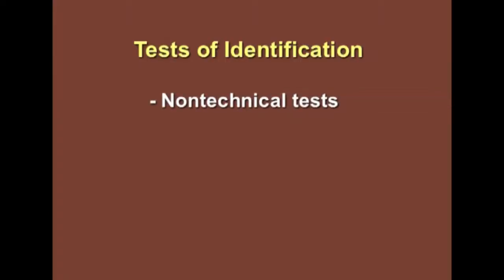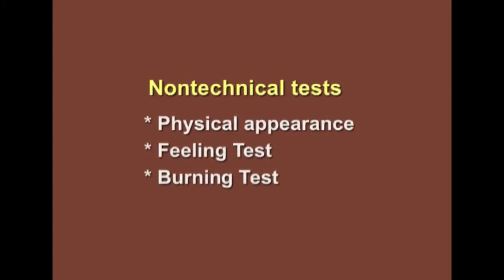In the absence of special equipment and facilities for identification of the fiber content in a fabric, one can rely on non-technical tests such as appearance, feeling test and burning tests. These tests have limitations of their own, but are helpful to identify the fiber group and also sometimes the fibers.